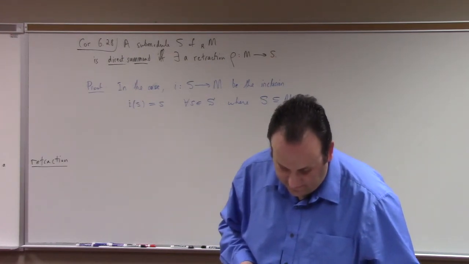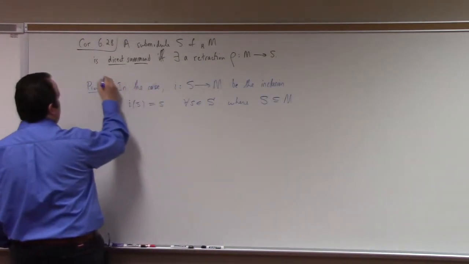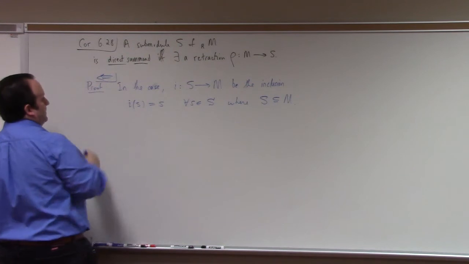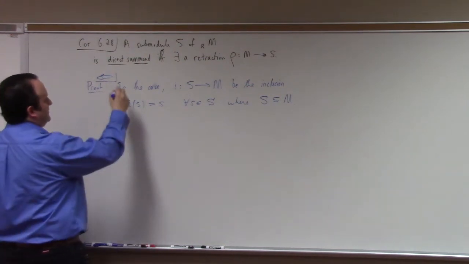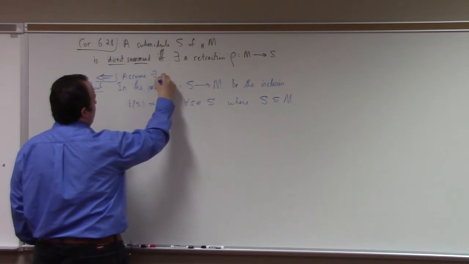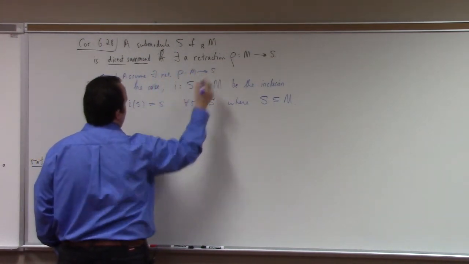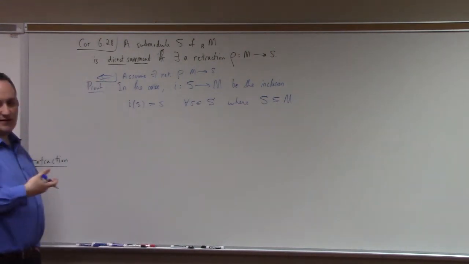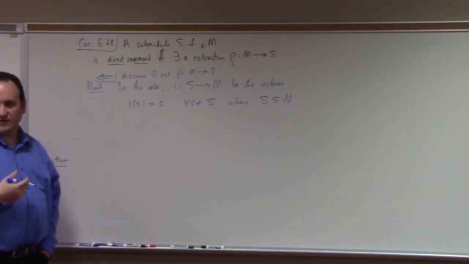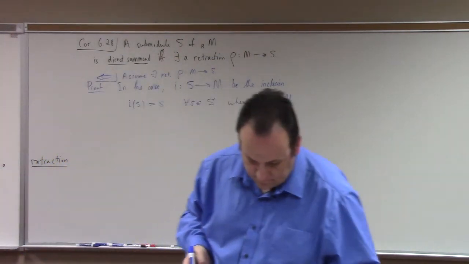Where T is equal to the kernel of rho. Okay, so he is assuming this direction, guys. So he's assuming that there exists a retraction. And then he says use I to denote the inclusion of the submodule in M. All right, that's fine.